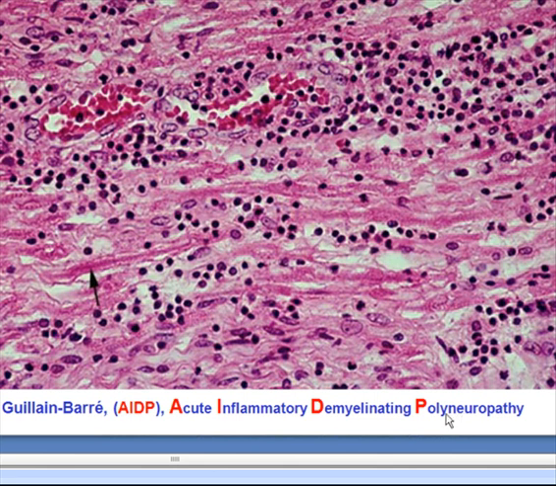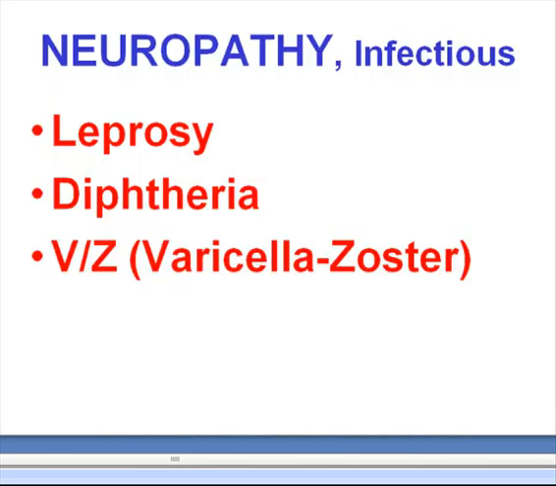So if you want to remember that leprosy and diphtheria are specific pathogens, two of which can be cultured, that infect nerve and show inflammatory changes, you can remember it.